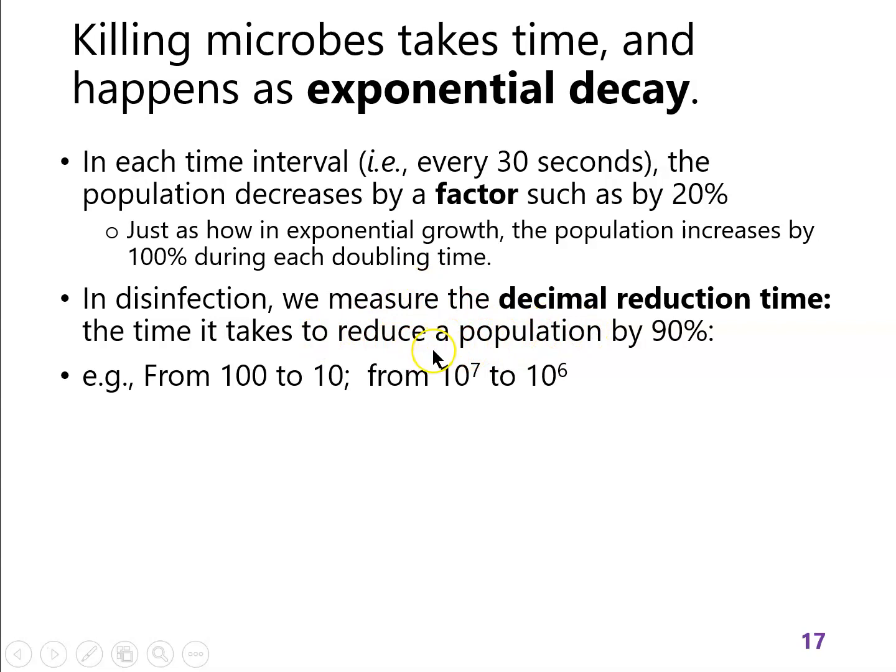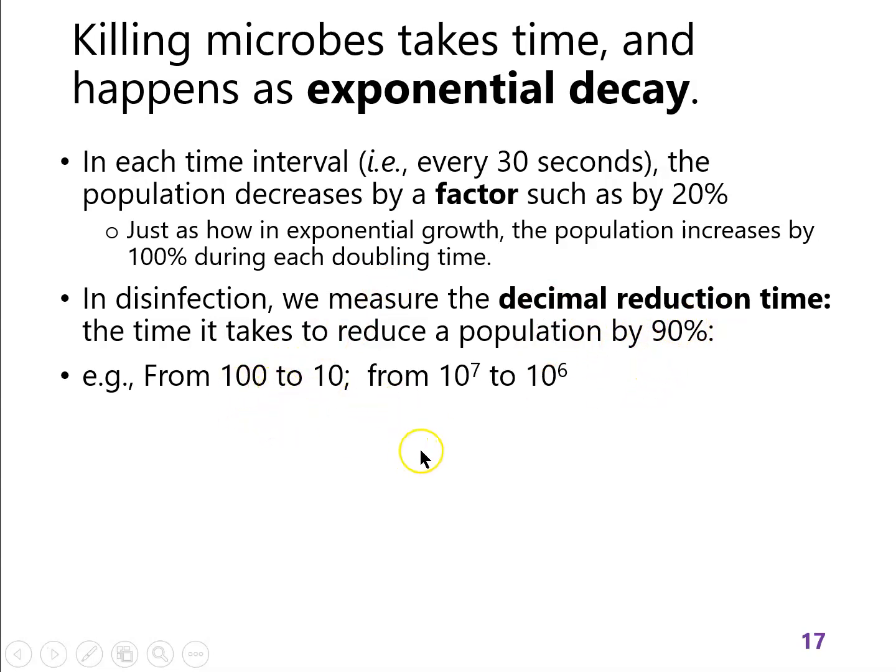If we have, let's say, a tube full of E. coli bacteria and we measure the decimal reduction time, it's going to take the same amount of time to go from 100 cells to 10 as it did to go from 10 to the 7th to 10 to the 6th. That's 10 million to 1 million. So if you reduce a population by 90%, you divide it by 10. It's the same thing.